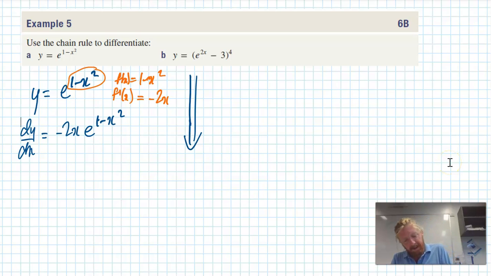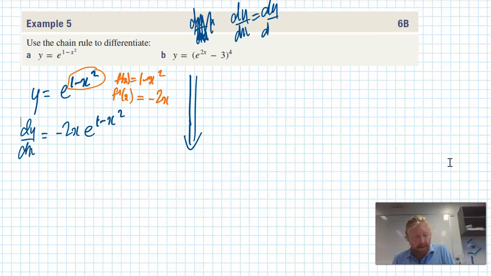For me, the chain rule is just this: dy dx equals dy du times du dx, which makes a chain, doesn't it? 2 on 3 by 3 on 4, this kind of thing. Boom, boom. Anyway, I digress.